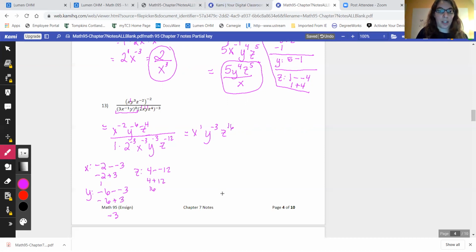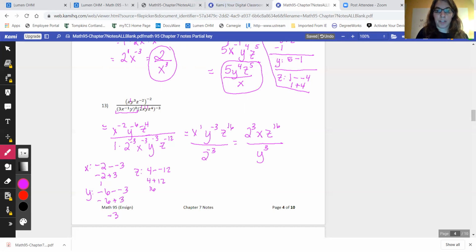And then I also, on the bottom, so these took care of the x, y, z, I have 2 to the -3rd. So if I move things around, I'm going to have 2 to the 3rd move to the top. So I always go through and say, okay, is it going to stay or is it going to move? This one's going to stay. This one's going to move. This one's going to stay.